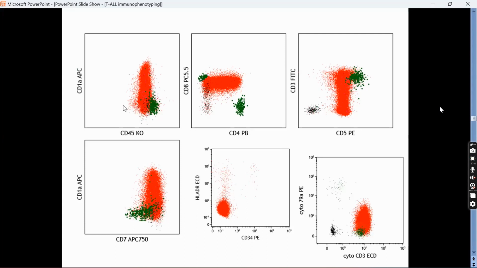CD45 is higher expressed in T lymphoid blasts compared to B lymphoid blasts. It commonly abuts or touches the lymphocytes. So you have some immaturity evidence and you have lineage specific evidence. So this is T acute lymphoblastic leukemia. Okay, and the red is the blast and the green is the normal lymphocytes.